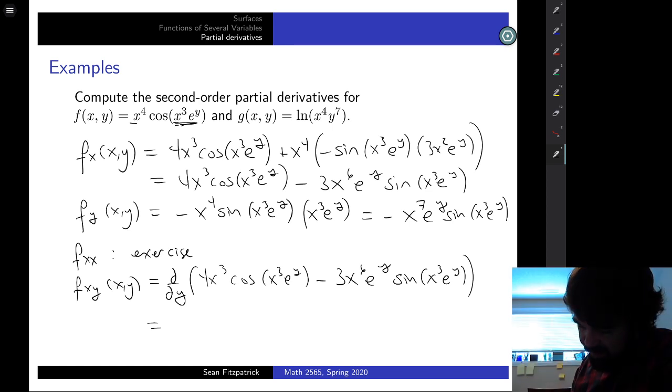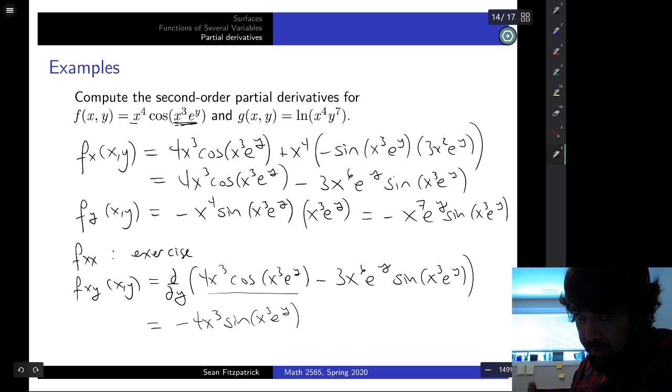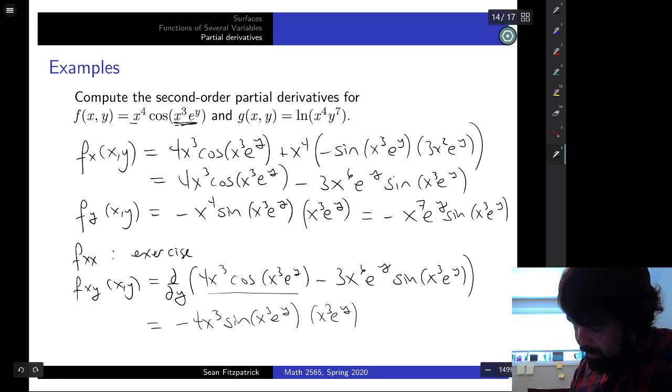Okay, y derivative. Sorry. If I'm taking the y derivative of this part, I'm going to get minus 4x cubed sine of x cubed e to the y, and now I take the y derivative of the inside, which is just x cubed e to the y. Okay, here I do have to do product rule, right? So I'm going to get minus 3x to the 6 e to the y. Derivative of e to the y is e to the y.